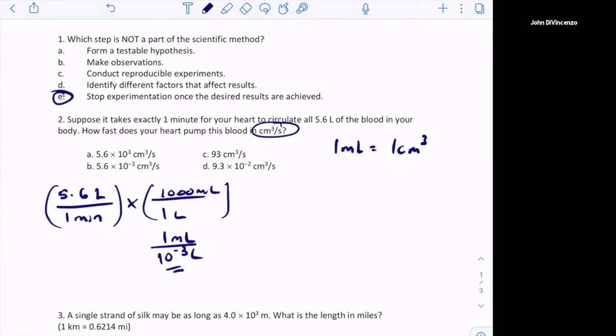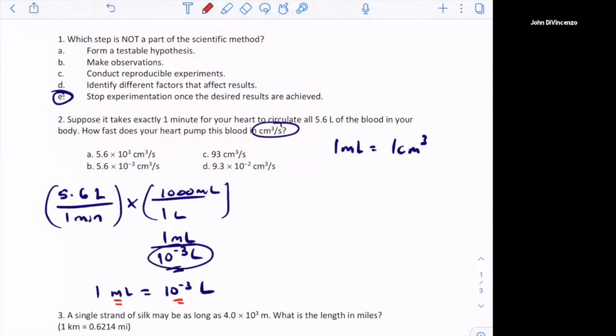Just keep in mind that the prefix always goes with the base unit. And you'll see that in one of my other examples. What I mean by that is we say that 1 milliliter equals 10 to the minus 3 liters. These are on opposite sides of the equation. The milli and the 10 to the minus 3, those are what make them equals.